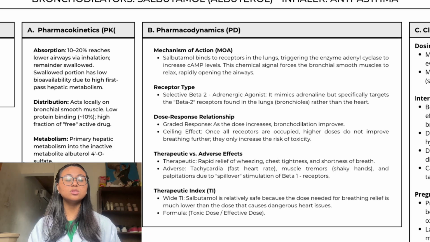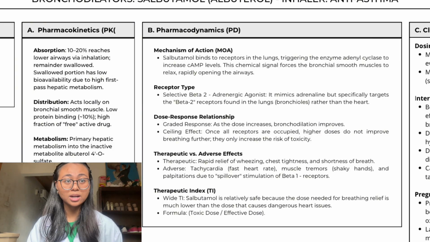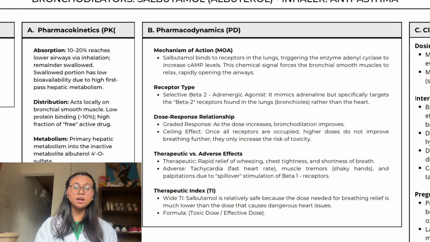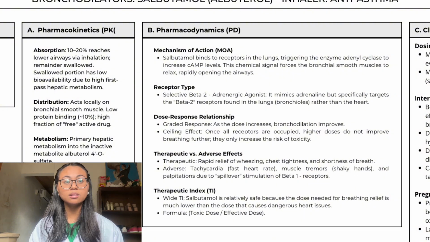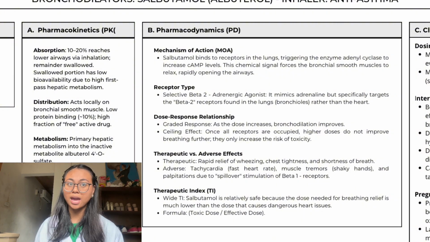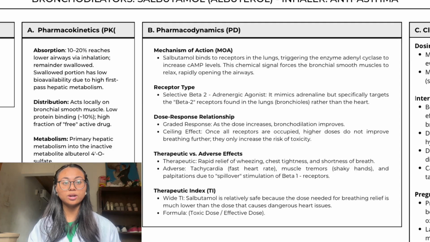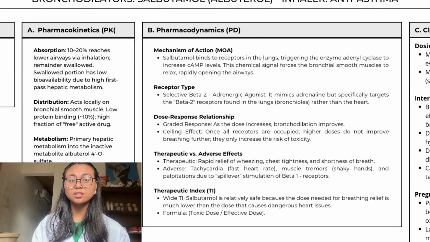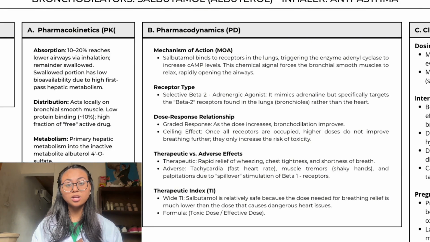However, if Maria uses too much, the drug can overdose, or what we call spillover, and hit the beta-1 receptors in her heart, causing tachycardia, the racing of the heart, and tremors, which is the shaking of the hands. This is why we monitor the dose-response relationship closely to ensure that Maria takes her salbutamol with caution and for her safety.